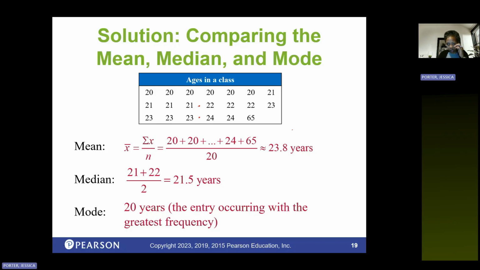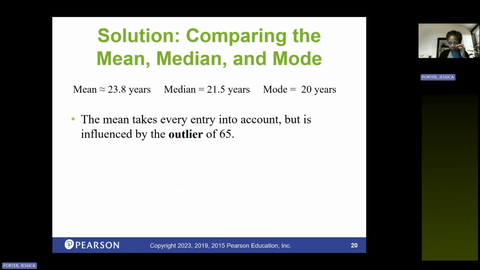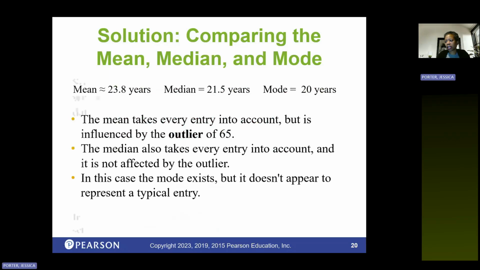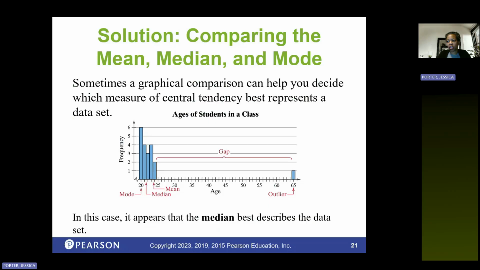I got a lot of medians. Let's check it out and see. It is the best representation of what the average is, but which one is going to be a typical data entry? In this case, it is going to be the median, because that 65 is pulling the mean toward the 65.